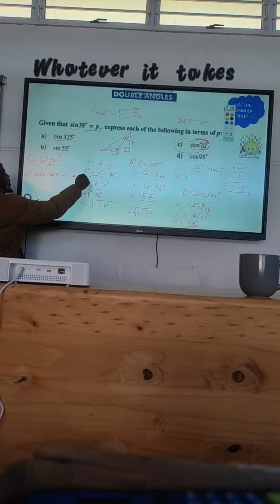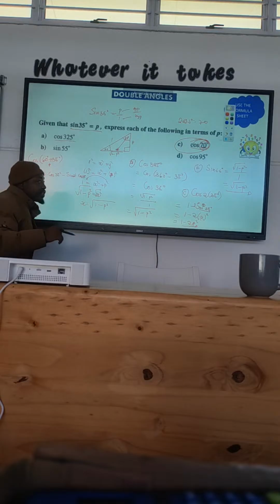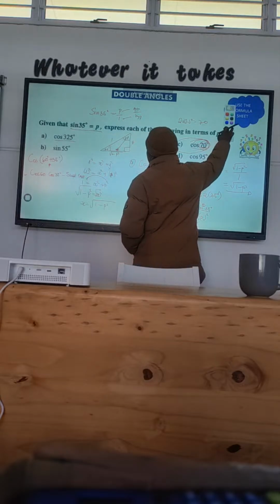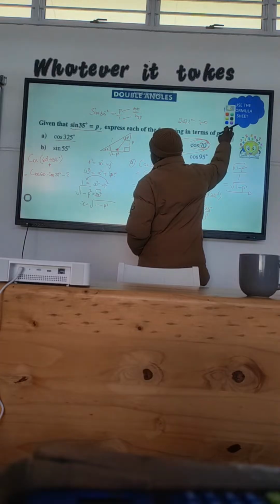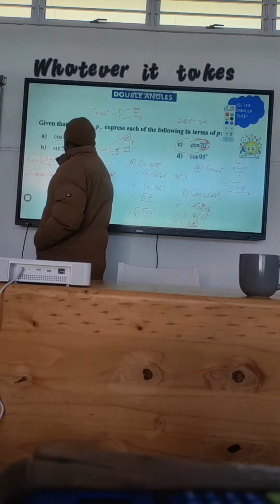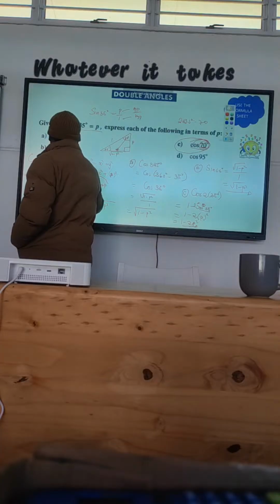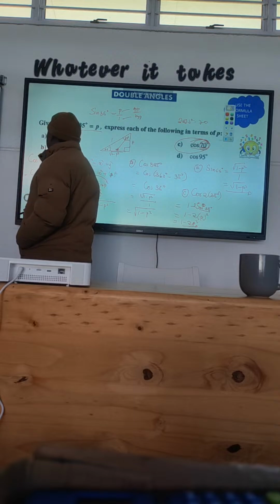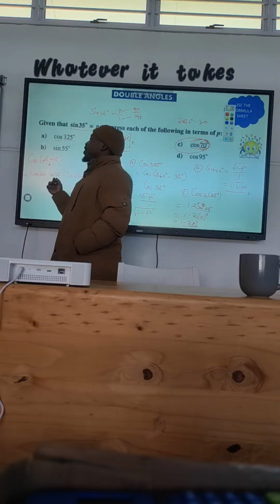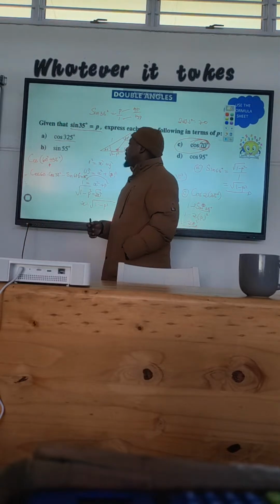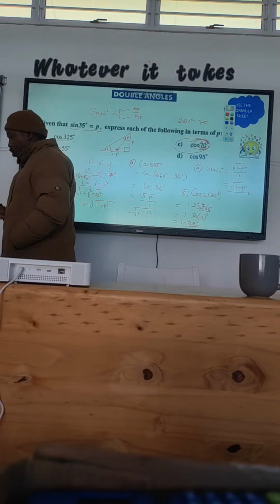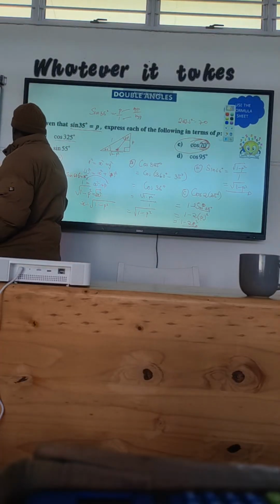It's the combination of the cosines and combination of the sines. And this is a special angle. Cos of 60 is the same as 1 over 2.